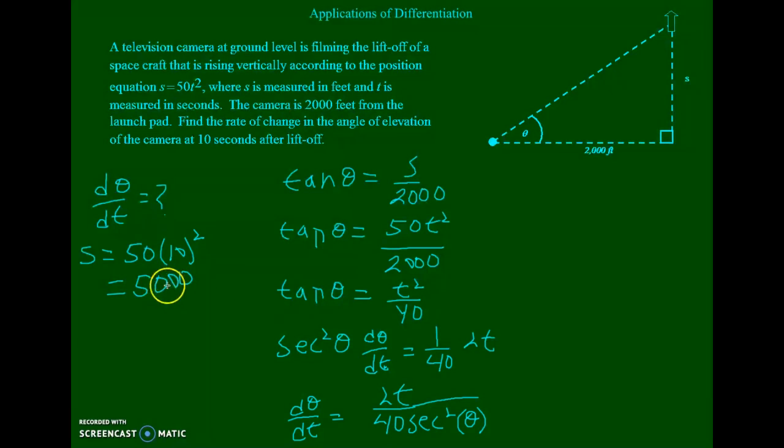Now, considering that that's 5,000, to find this theta, we know that this is tangent, so we know tan theta equals 5,000 over 2,000.